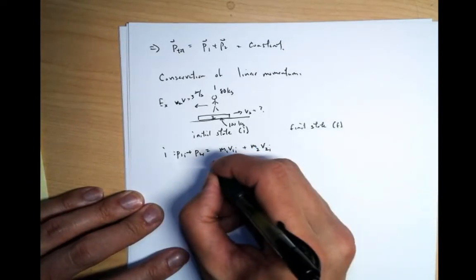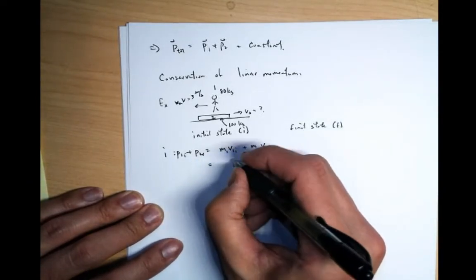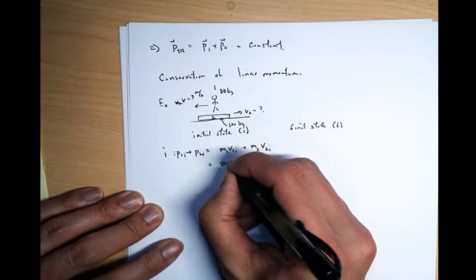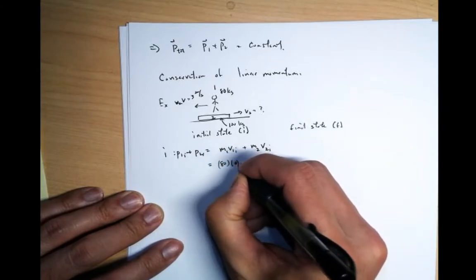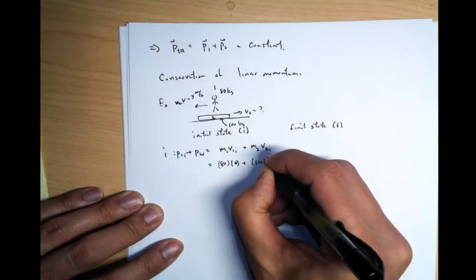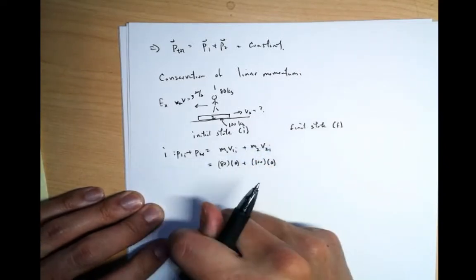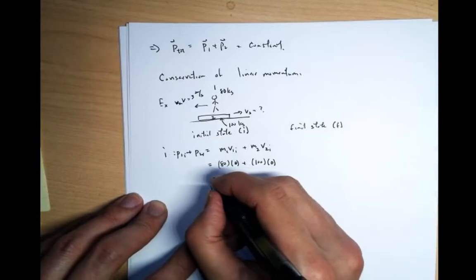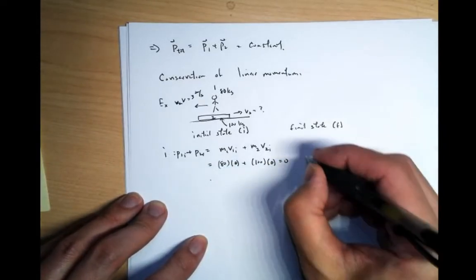That is going to be equal to, well, this is 80 times 0 plus 100 times 0 again, right? So both of them 0. This is equal to 0, okay?